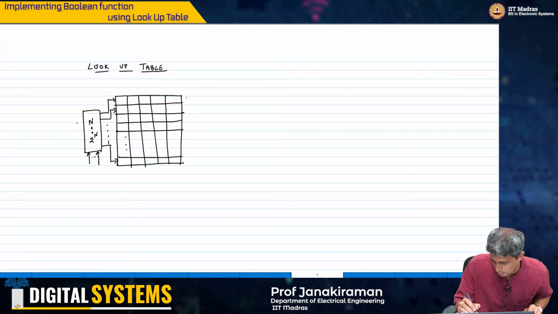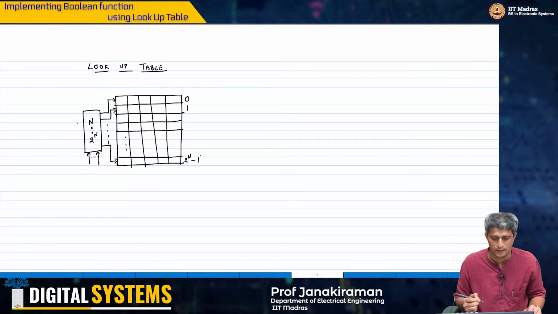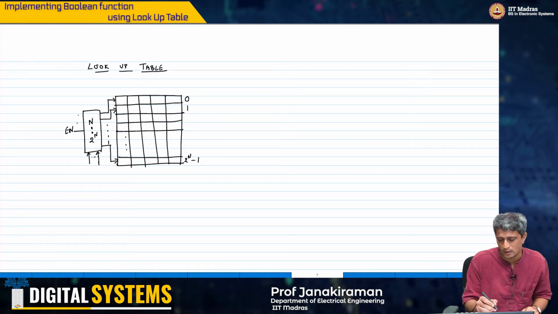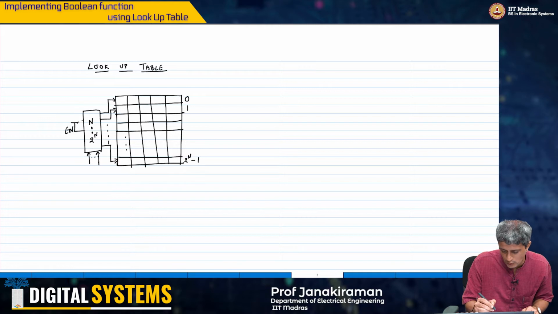This is row 0, 1, up to 2 power n minus 1. And I have the enable signal of my decoder here, which invariably would be tied to VDD.